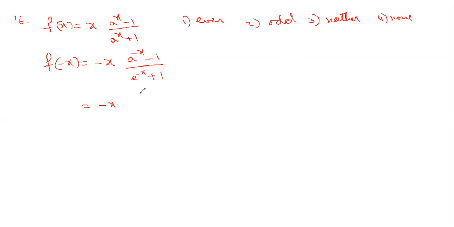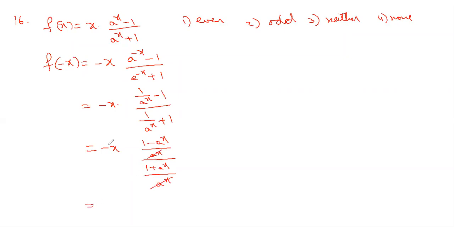So -x into (1/a^x - 1)/(1/a^x + 1), which is -x into (1 - a^x)/a^x divided by (1 + a^x)/a^x. The a^x gets cancelled. This minus, if you multiply inside, is x into (a^x - 1)/(a^x + 1), which is f of x again. So it's an even function.